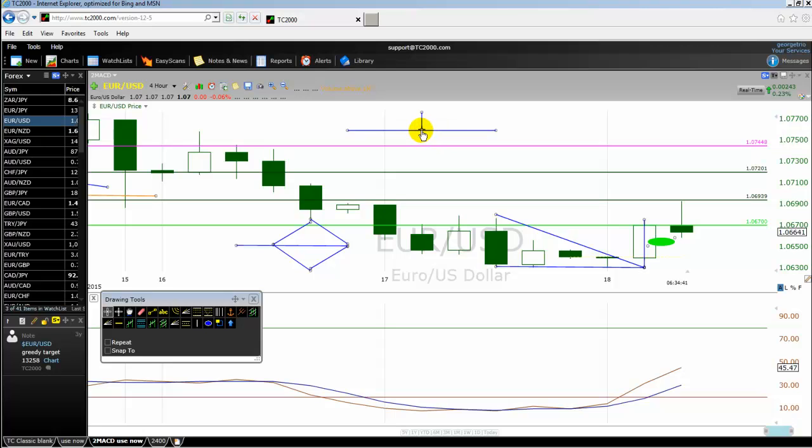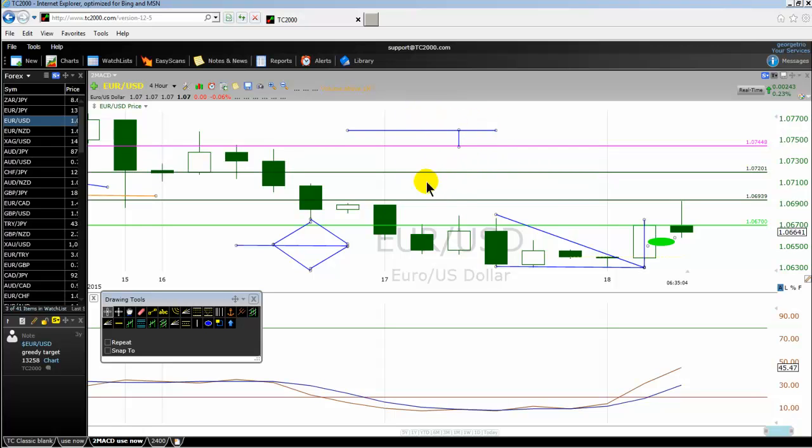You measure the height from the neckline to the top of the head. That is your measurement for the target. Right below the neckline, you set it there. Price does not have to hit the target.